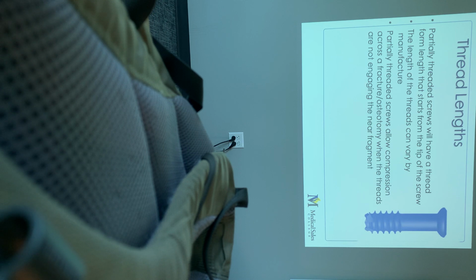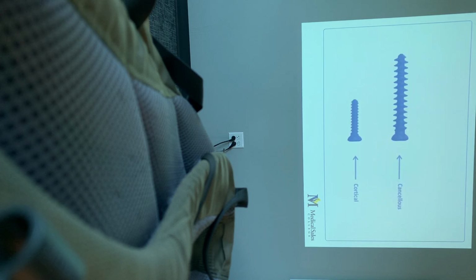Are those thread types or screw types? On the test there is the thread type, and I put fully versus partially, but I know a lot of people said cancellous versus cortical. On that question, the key was hard and soft bone. They didn't say cortical, because the answer was cortical and cancellous. Yeah, hard bone is cortical screws, soft bone is cancellous screws.